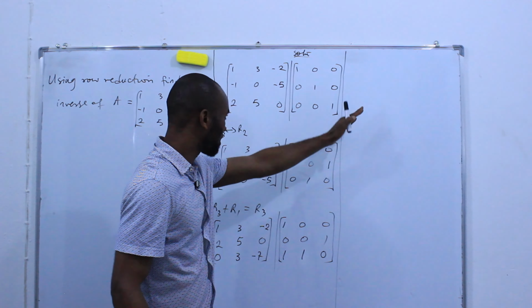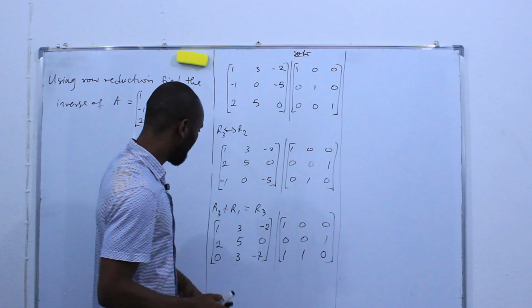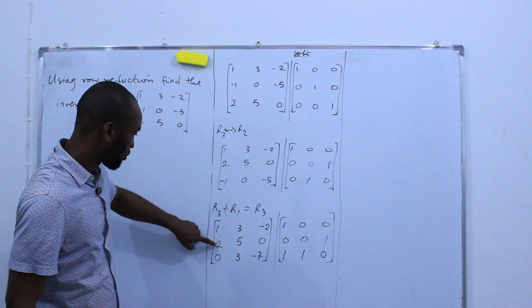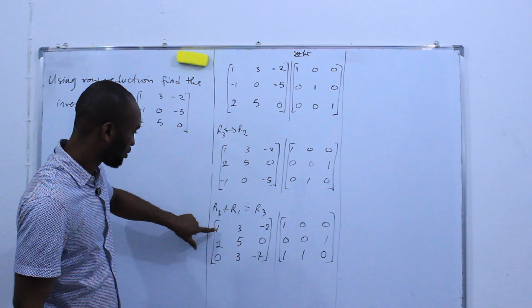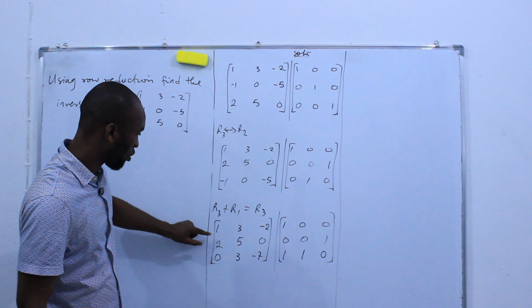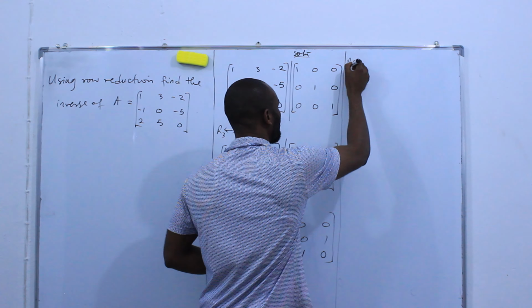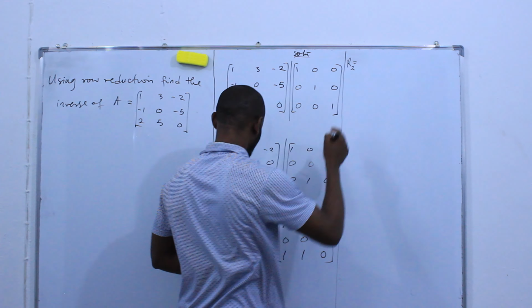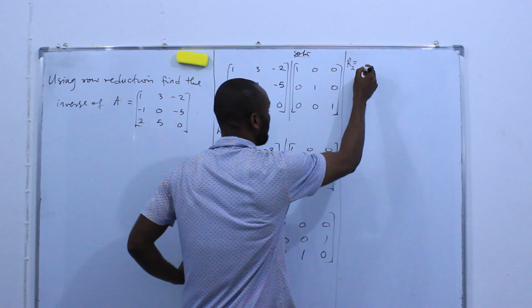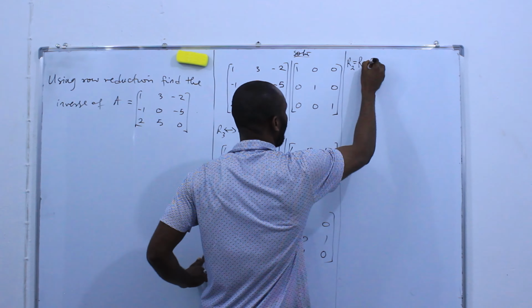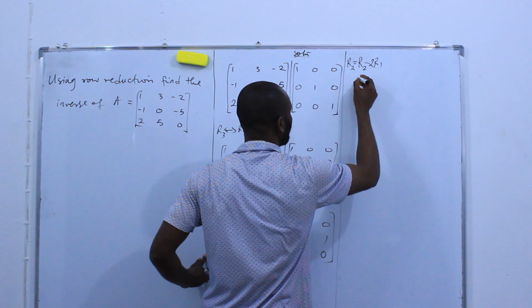Now the next thing we are going to do is to convert this one to 0. And how do we do that? We are going to take row 1 and row 2 to operate. Row 2 is equal to row 2 minus 2 row 1.